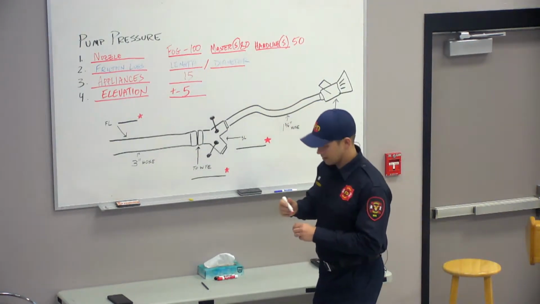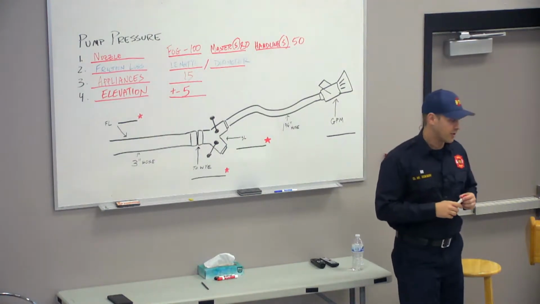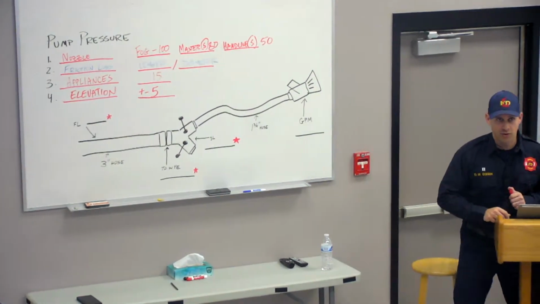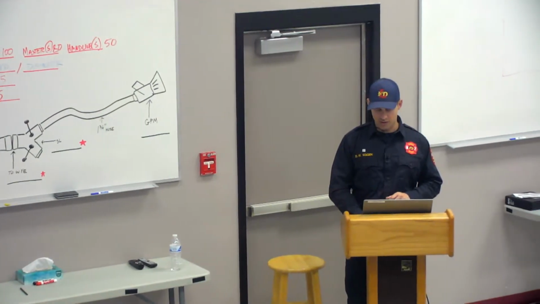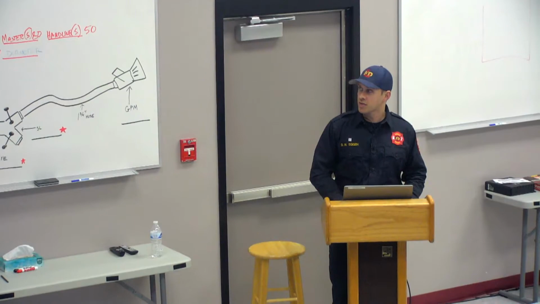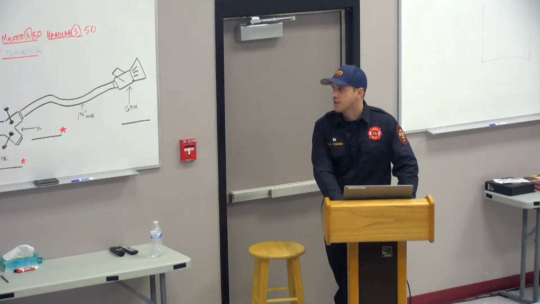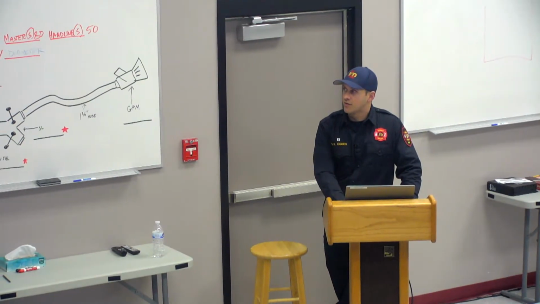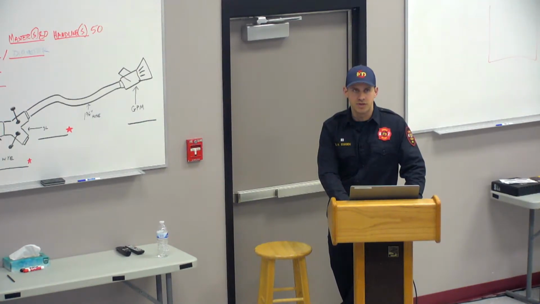All right. So those are basically the four main categories, and we're going to go into those a little bit in some of these slides that I'll show here in a second. We've talked about some of them. So obviously nozzle pressure. Y'all did mention we have the fog nozzle, smooth bores, and master streams that have predetermined PSIs that we pump for them.